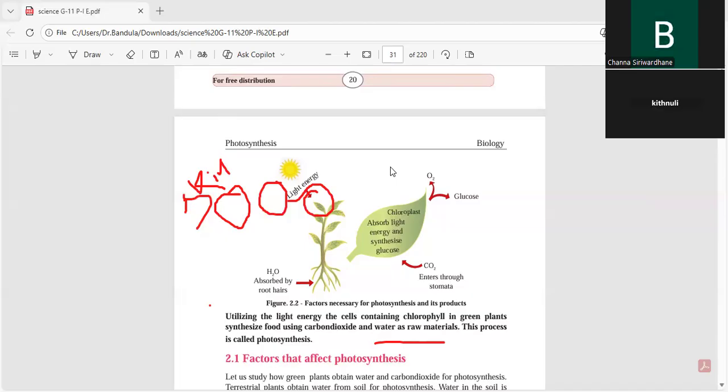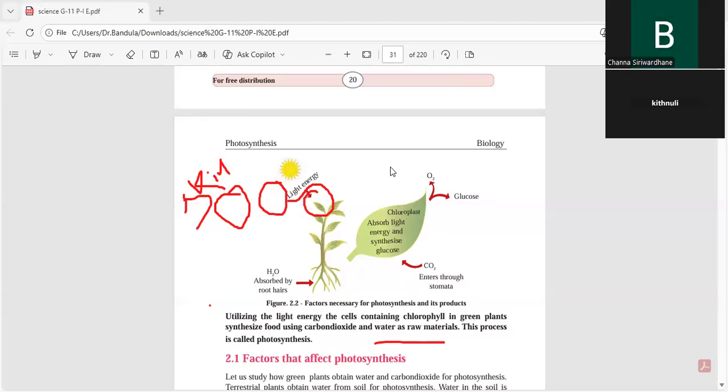Raw material, right? Basically, the green plants are using water and carbon dioxide, which are taken from the outside environment.